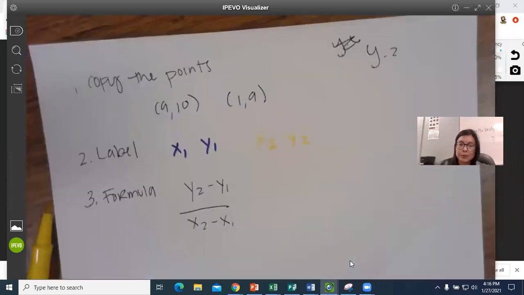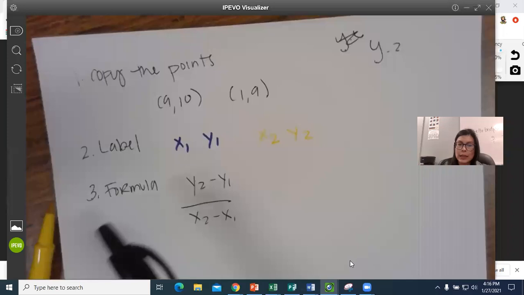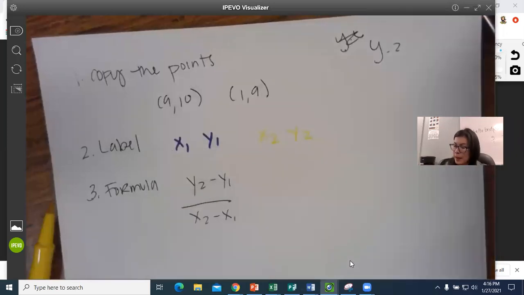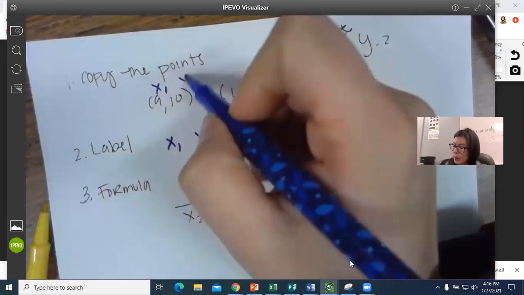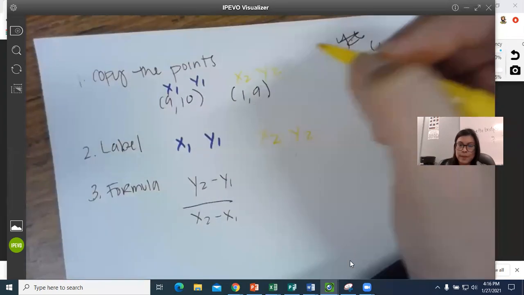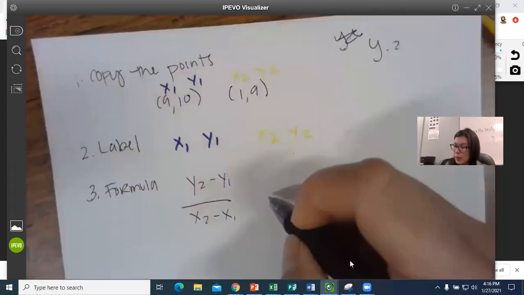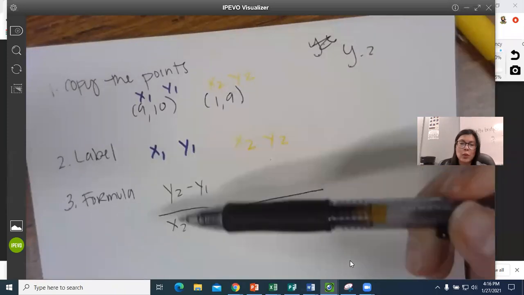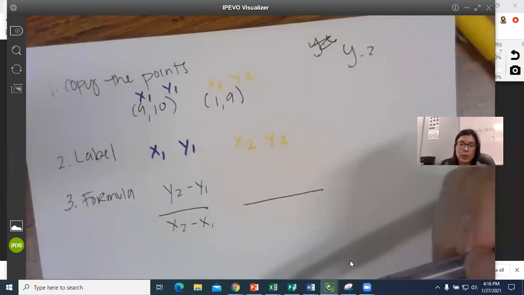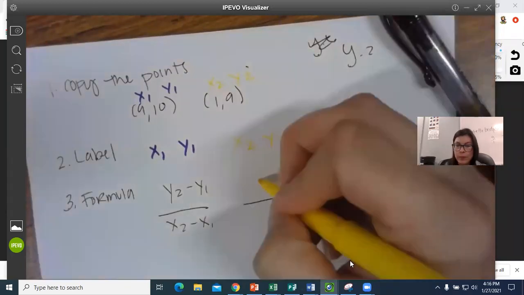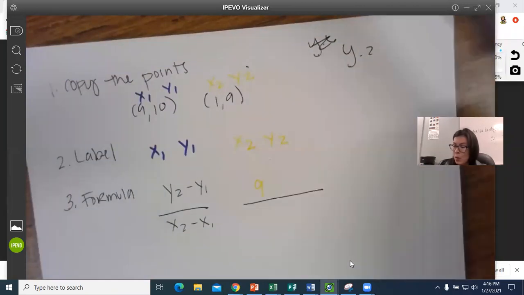All right, so we're going to label, and then we're going to use the formula. So let's label x1, y1, x2, y2. And so now we're going to put them in the formula. My first question for you is, which one is y2? y2 is 9, minus y1.